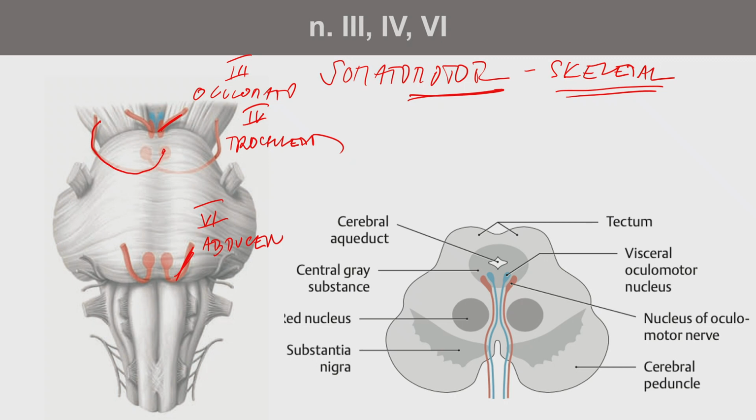And the speciality of the trochlear nerve is that the nerves are crossed. So the nucleus for the left is on the right side and vice versa. The others have the nucleus on the same side.